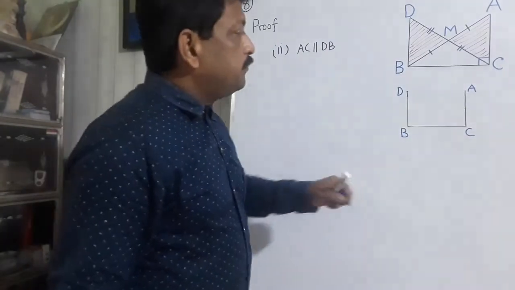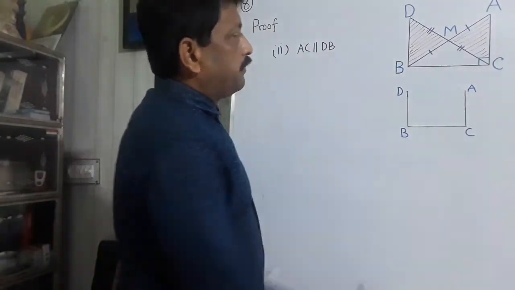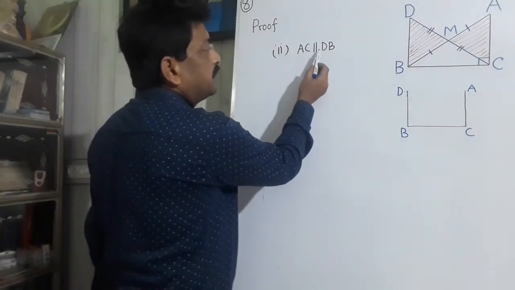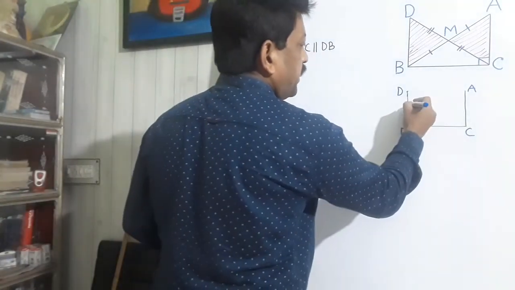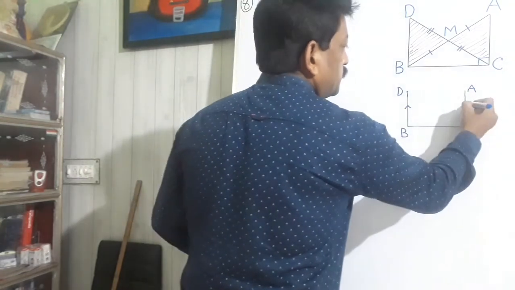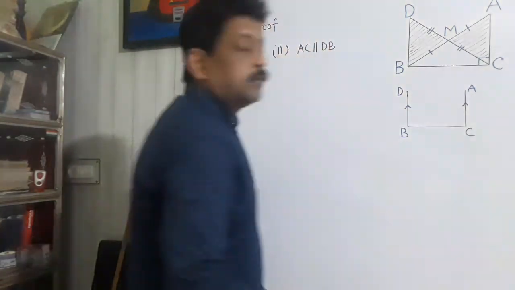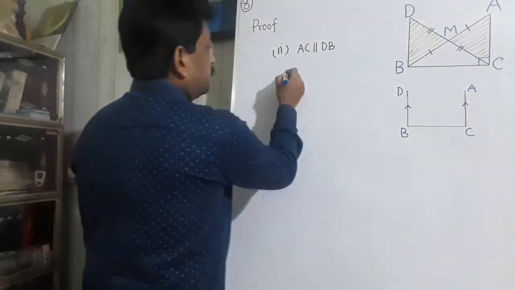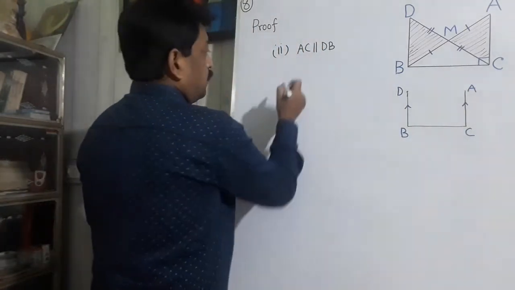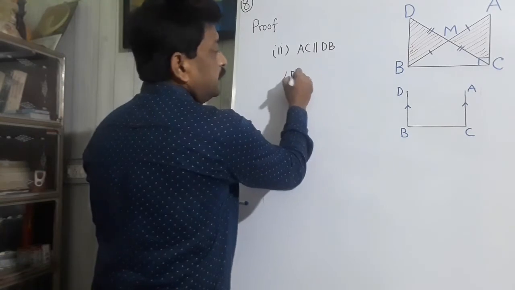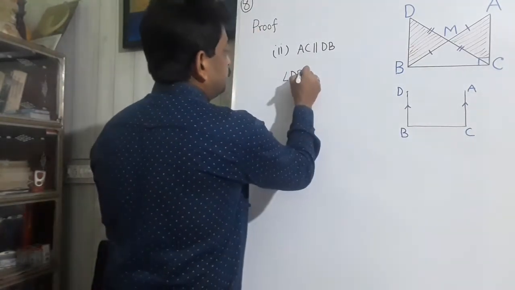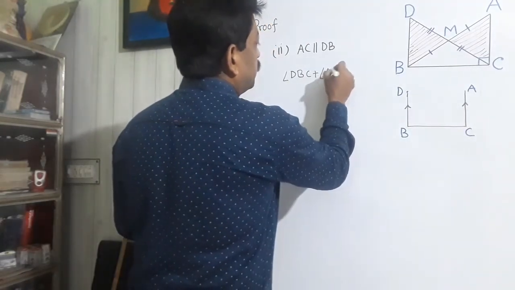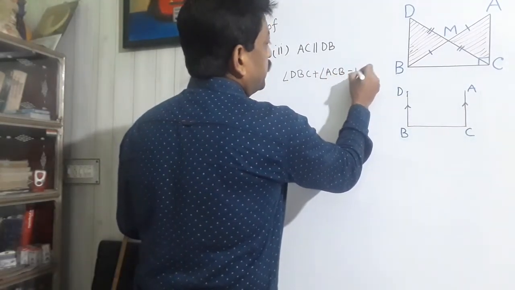Now see the diagram. I have extracted this diagram from the main diagram. We have already proved that AC and DB are parallel. So if AC and DB are parallel, then angle DBC plus angle ACB is equals to 180 degree.